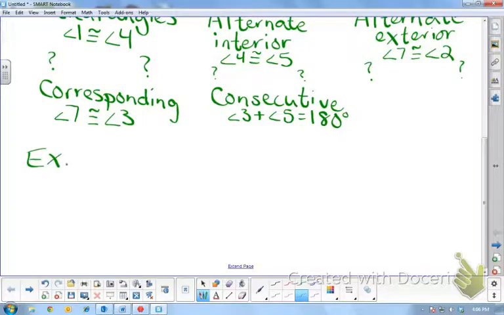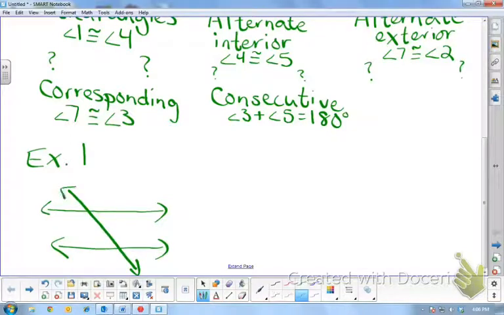So let's look at an example. Say we have these 2 parallel lines, and let's say we know this angle measure here is 152 degrees, and I would like you to find this angle measure here.